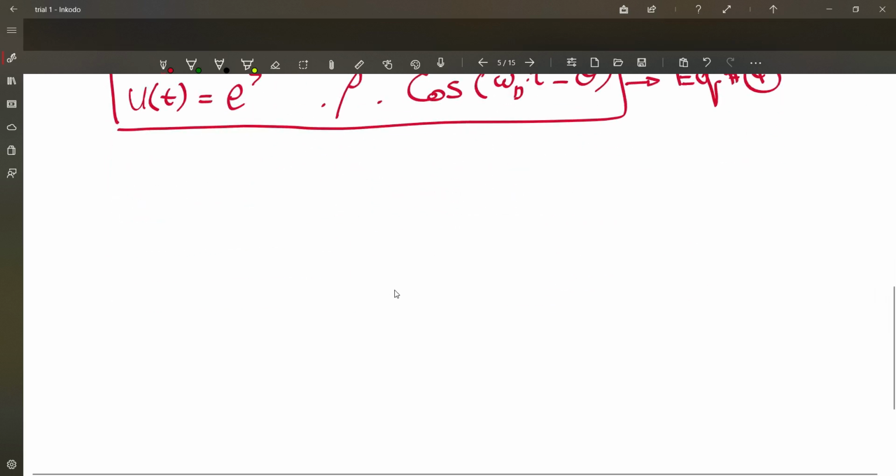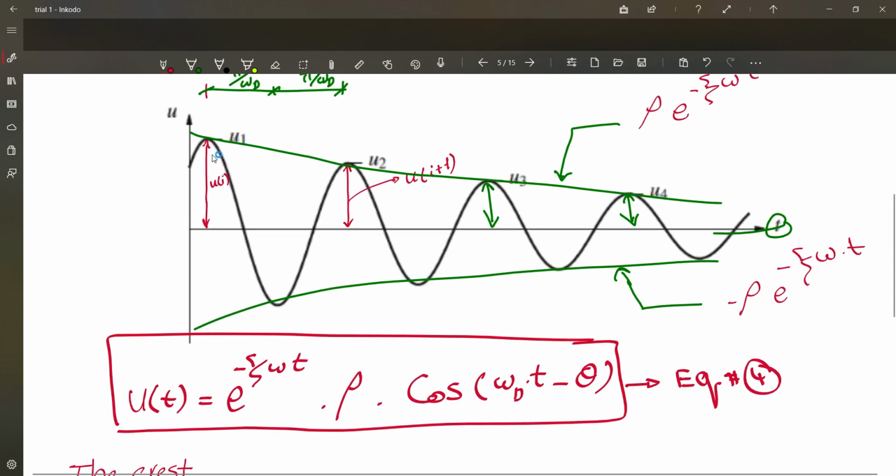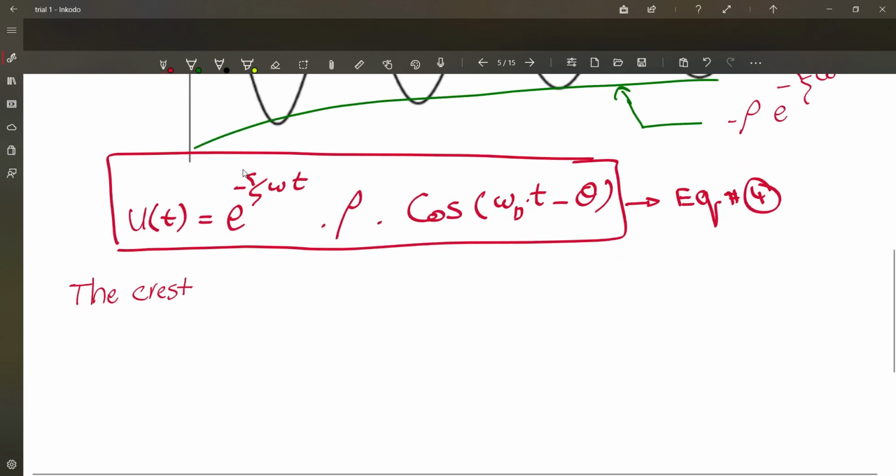From this equation, from equation 4, we can say that the crest, which means the maximum amplitude, if we go back here, this is the crest here, which is the maximum of the displacement, whether on the positive or the negative side. Okay, so this is the crest. At the crest, the envelope curve equation applies.